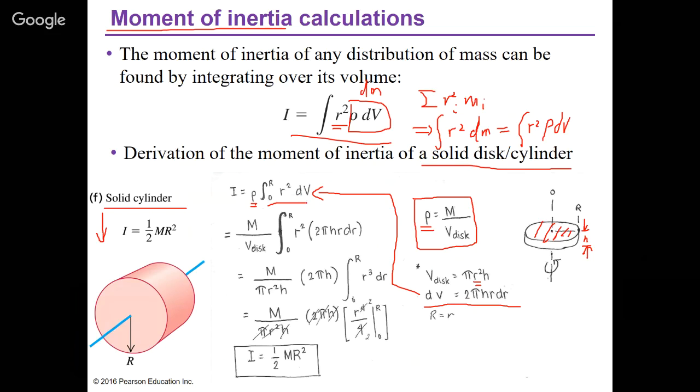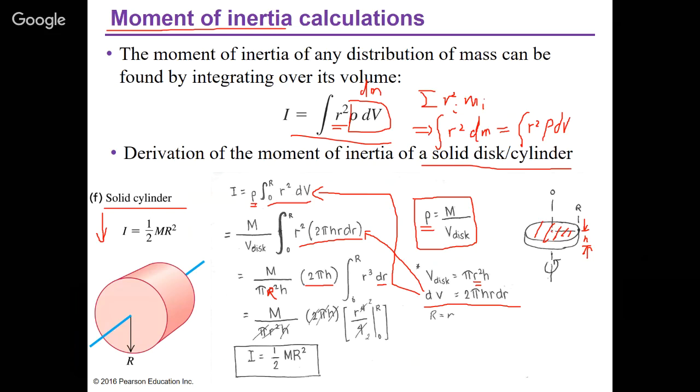And basically we want to do this integration where we put this here, right? Then we pull this constant out here. There's a 2 pi h, where R would be the big R, and you have r raised to the third power, integrated from 0 to R.